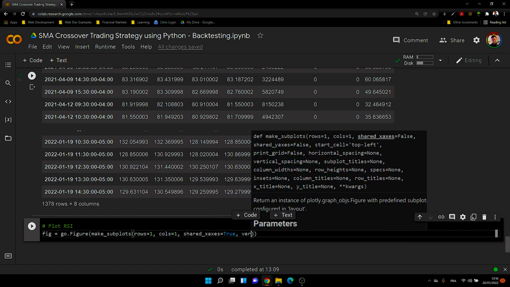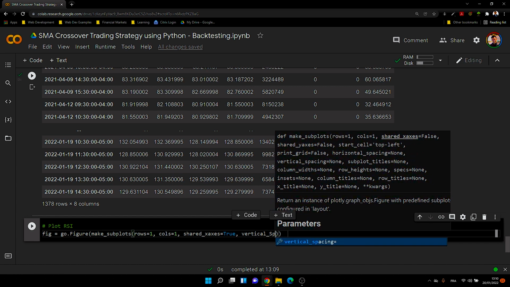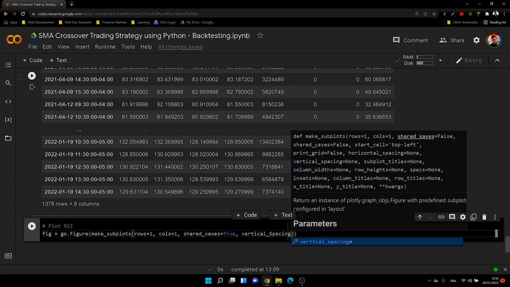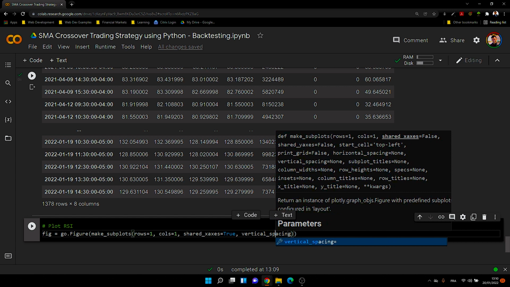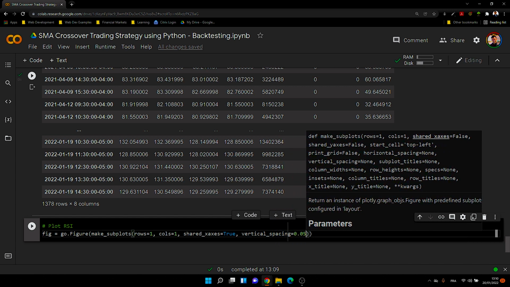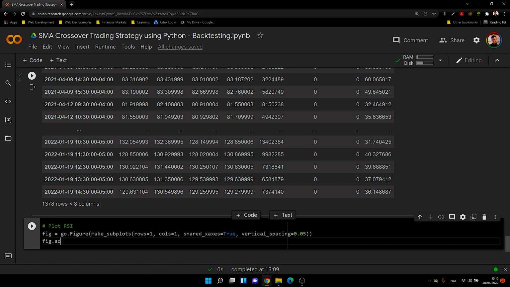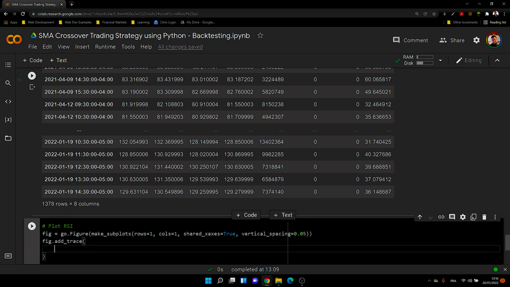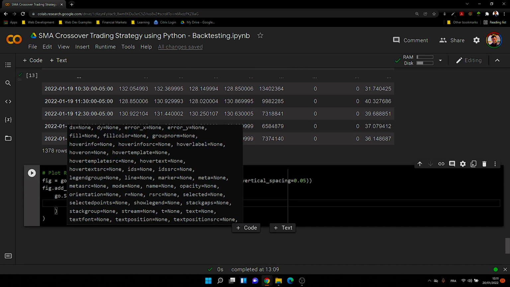We'll also say that we want a vertical spacing with a small s here of approximately 0.05. Then we'll say that our figure.add_trace, and in here we'll pass in a go.Scatter, and our scatter plot will be equal to x.